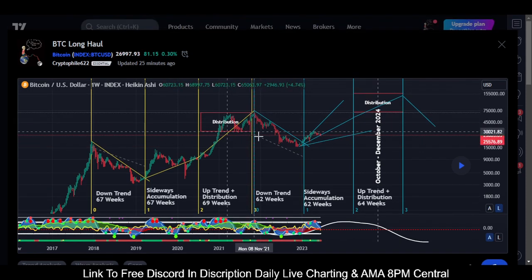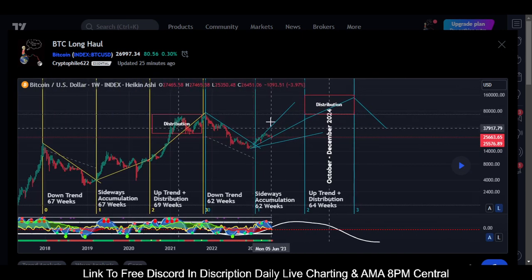So now if we follow the same format, here's our downtrend. Here's where it broke trend. That was 62 weeks. We should assume a sideways market for 62 weeks. And sideways is anything from 69K, 68K, whatever this high is, down to the 15K low.